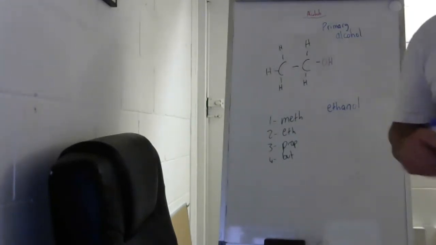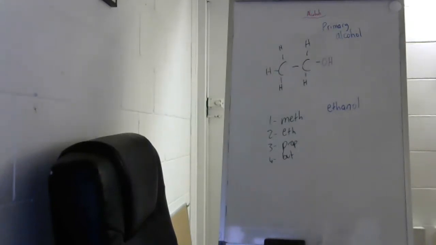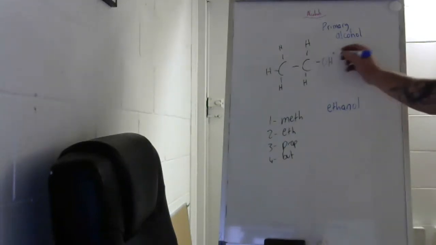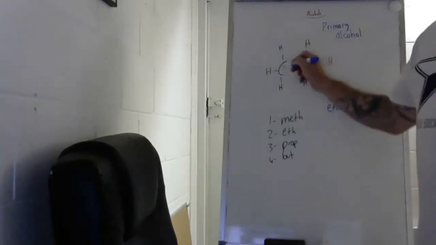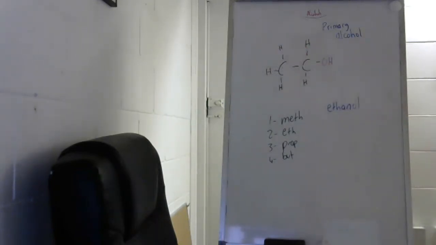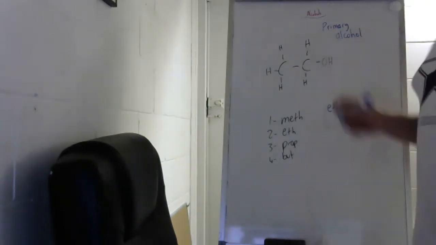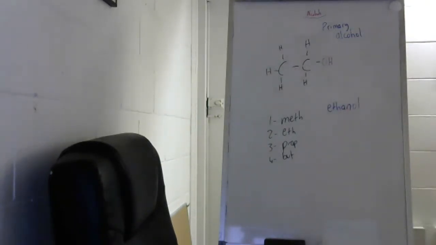Everybody gets confused. It's called a primary alcohol because the carbon that the OH attaches to is directly attached to one other carbon. So it's always on the end, and we just name them with an ol.